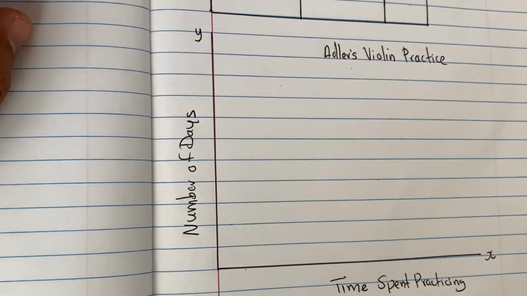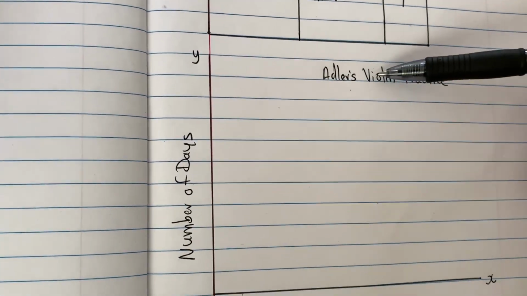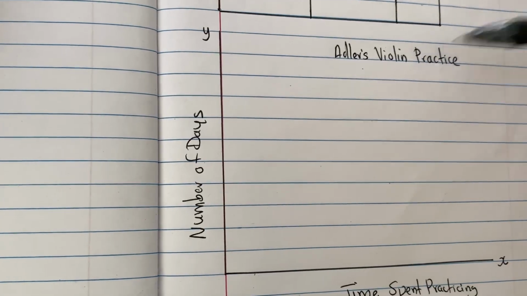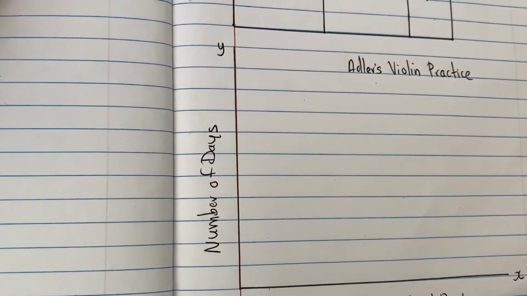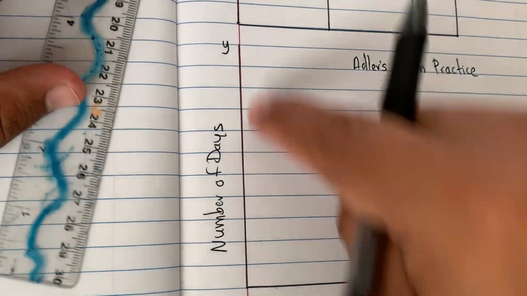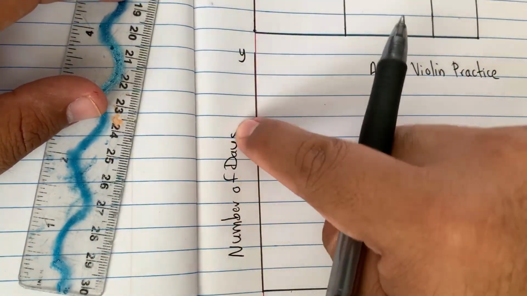Now we have 3 main labels. The first one being Adler's violin practice, then we have the number of days, and then we have the time spent practicing.